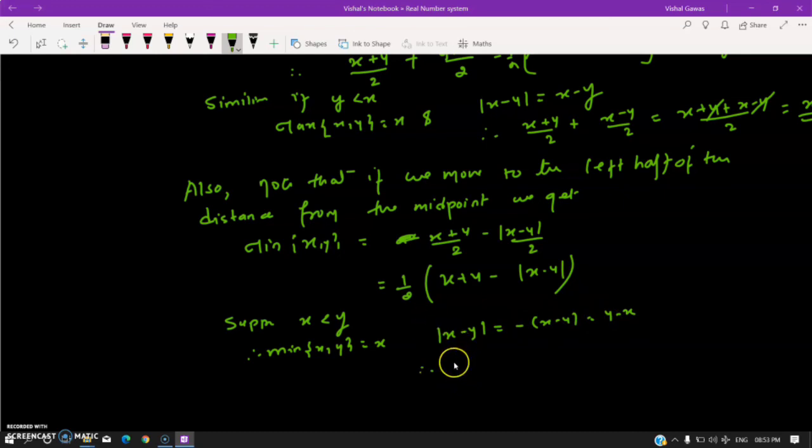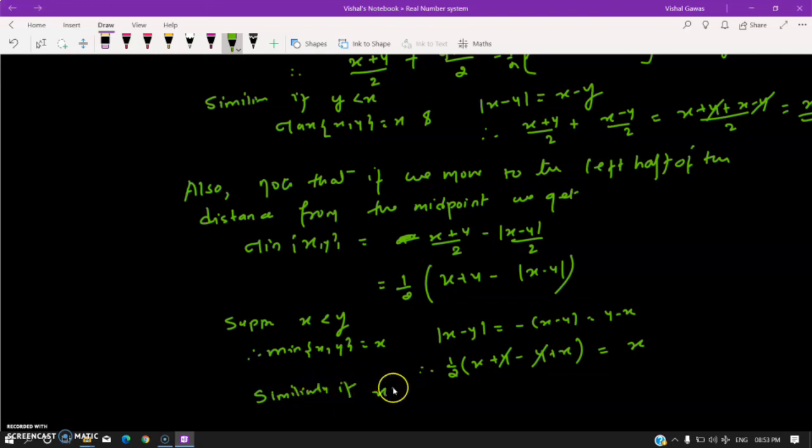Therefore, half into x plus y minus (y minus x); y would get cancelled, this would be plus, therefore this is x.